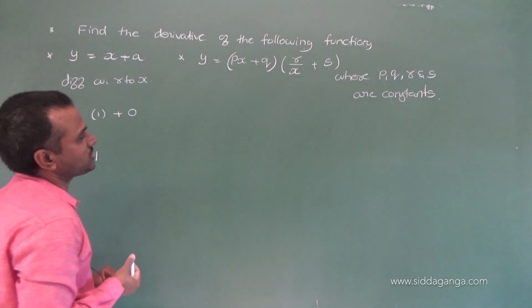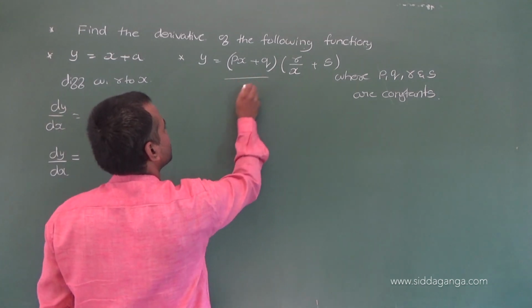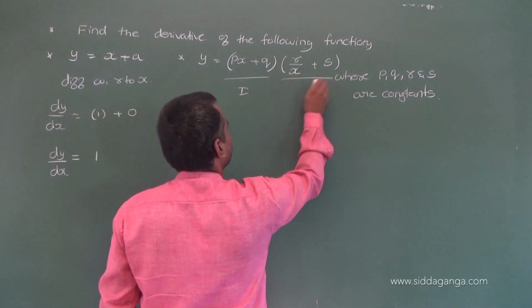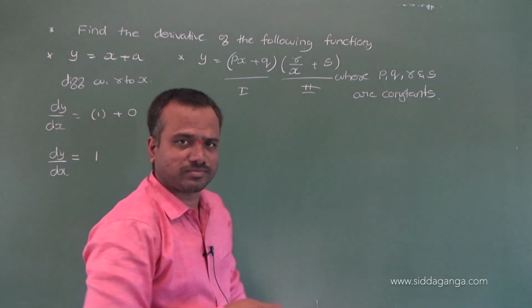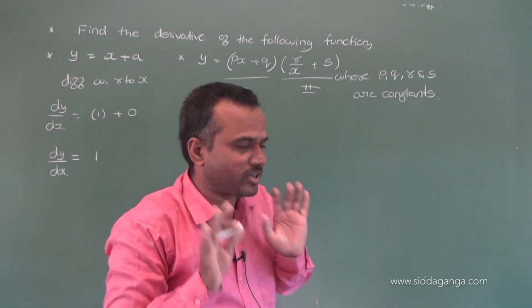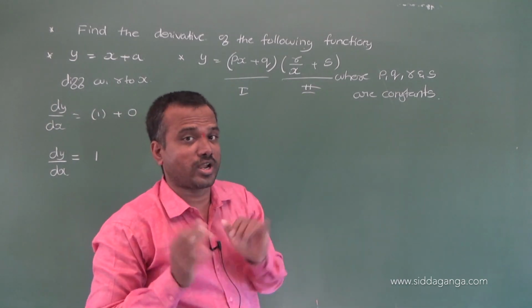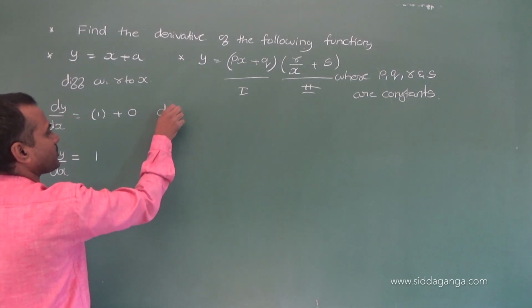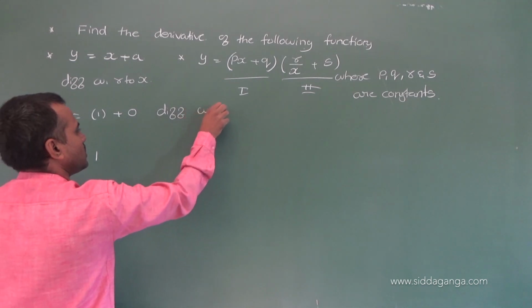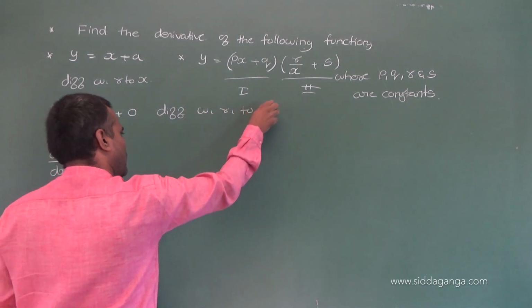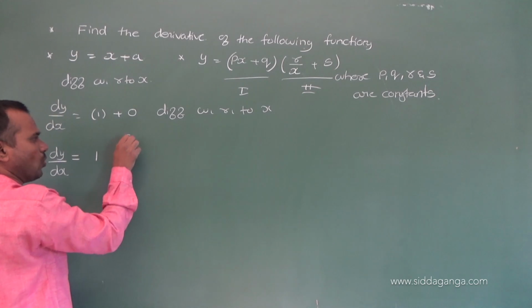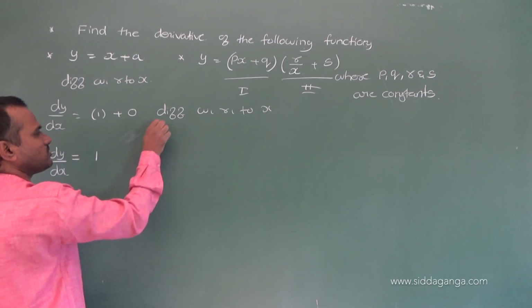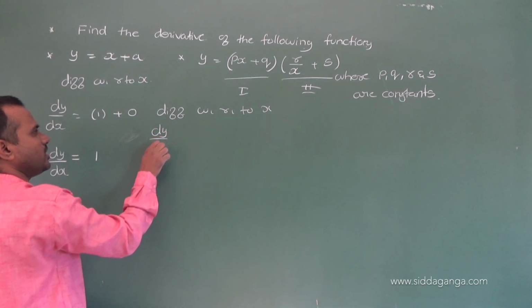Then how to solve this one, sir? Using product rule. This is the first function, this is the second function. No need to write like this; for the purpose of understanding, I write here. No need to write it in the examination. So differentiate with respect to x, dy by dx.